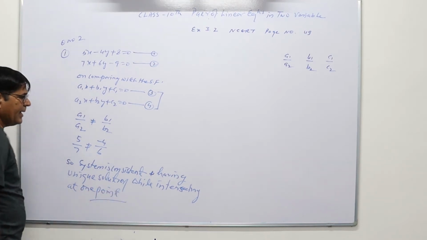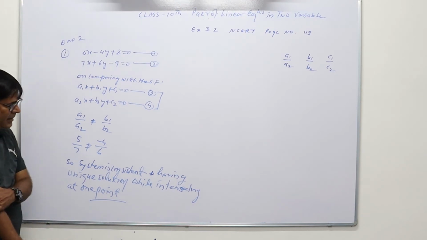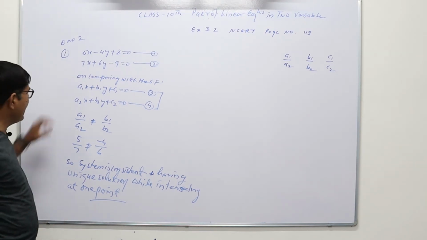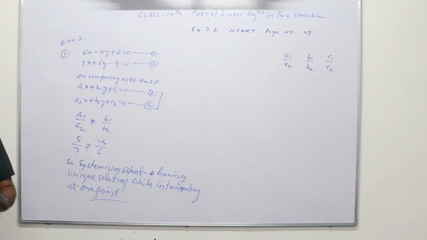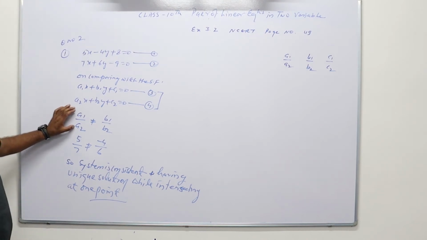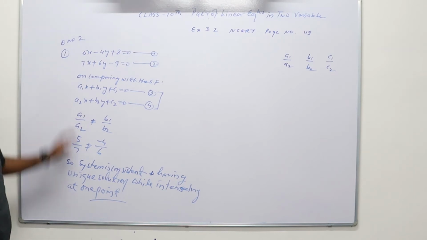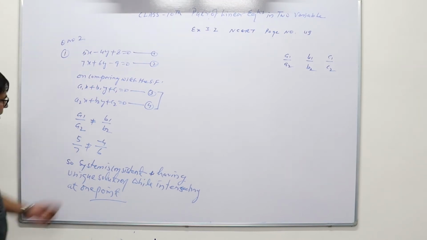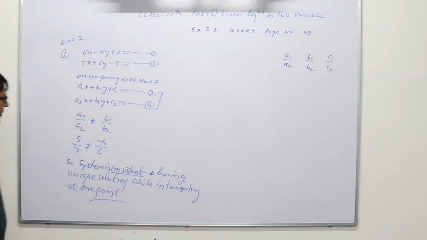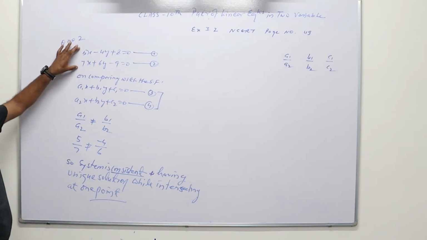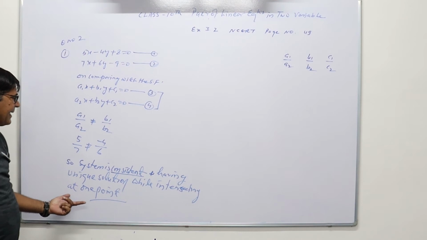So as per the table I told you, when a1 upon a2 is not equals to b1 upon b2, this is generally known as the ratios of the coefficients. First we check, and if a1 upon a2 is not equals to b1 upon b2, then the nature of the system will be consistent, and graphically if we draw the lines of these two equations, then the lines will intersect each other.